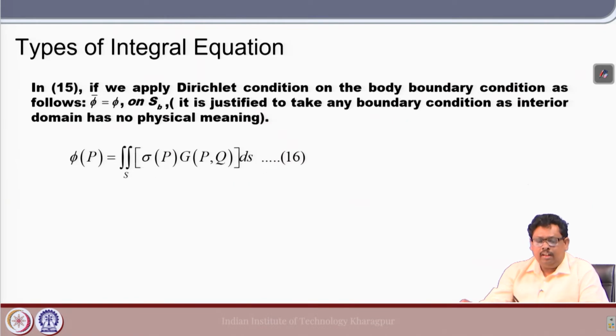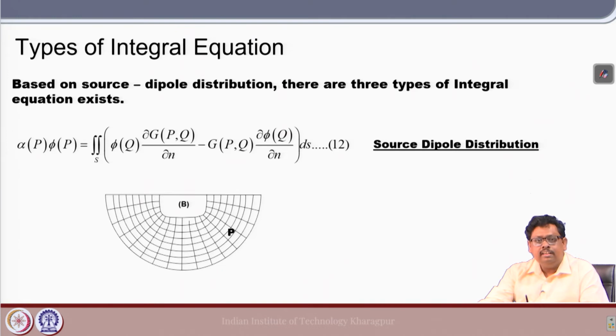Now, if I look at this equation 15 and apply the Dirichlet boundary condition, it says that at the boundary phi bar equals phi, because it is a hypothetical boundary, based on which I actually got equation 13.